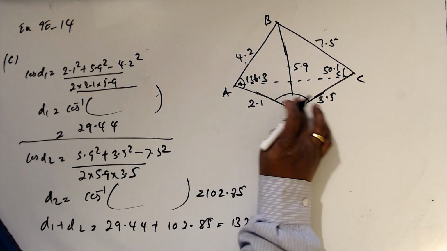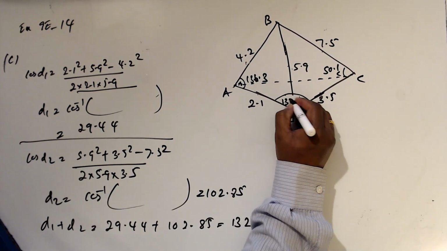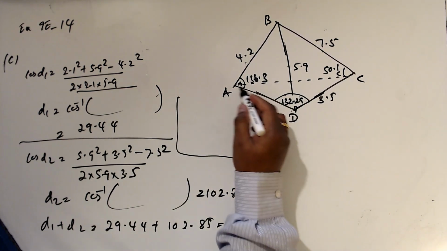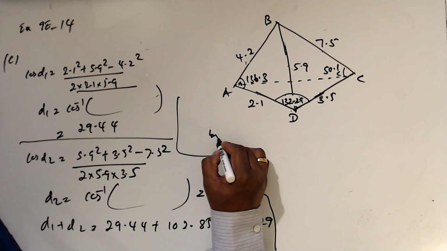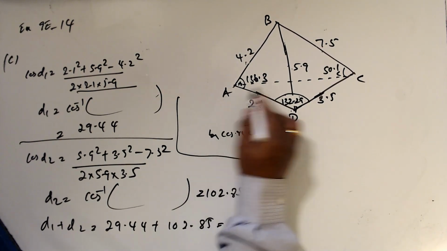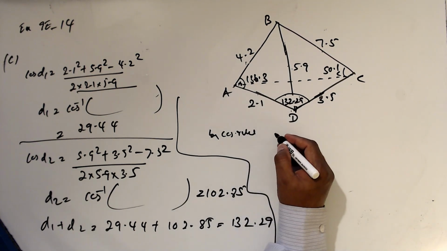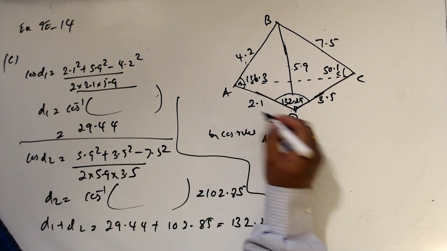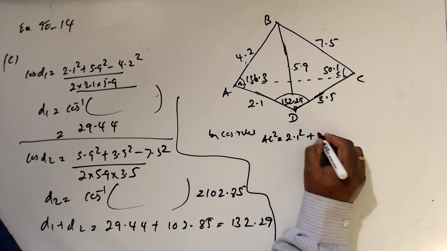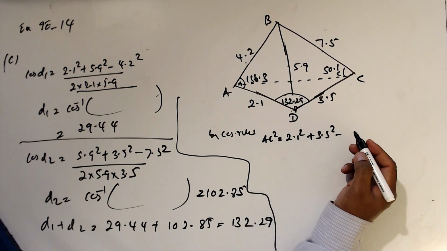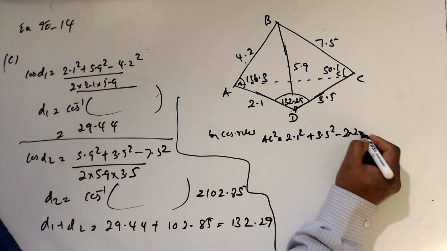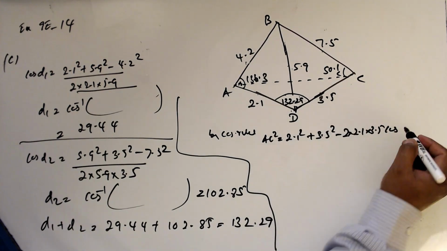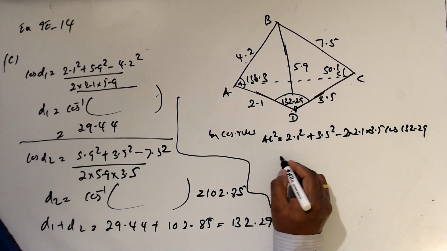Now this angle is going to be 132.29. Now we'll write the cos rule to this triangle. By cos rule to ACD triangle, AC square equal 2.1 square plus 3.5 square minus 2 times 2.1, 3.5 cos 132.29.